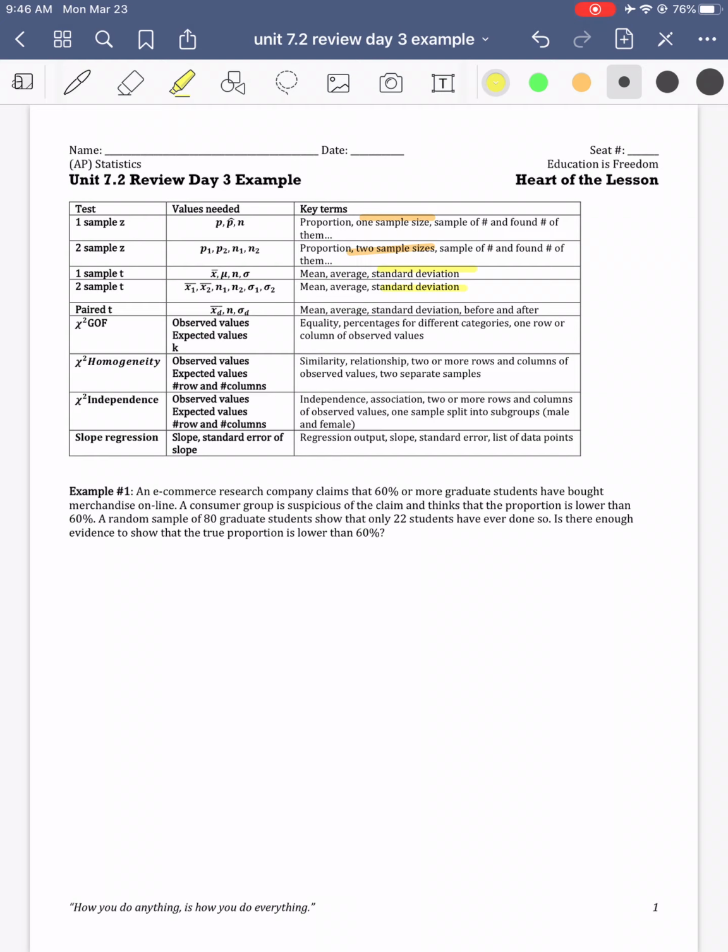And then specifically for the paired t-test, a lot of times we're looking at a sort of before and after situation. We took a sample of people, we tested their blood pressure, and then we made them run a mile and then measured their blood pressure again. Something like that.